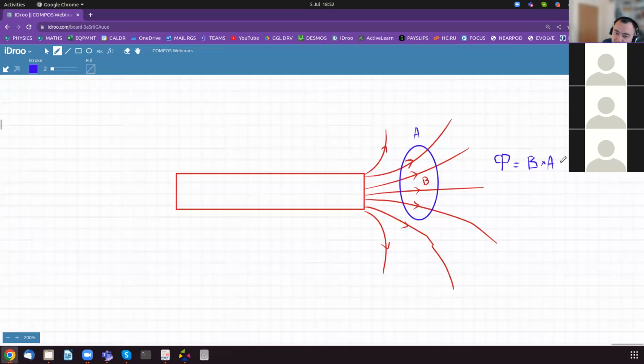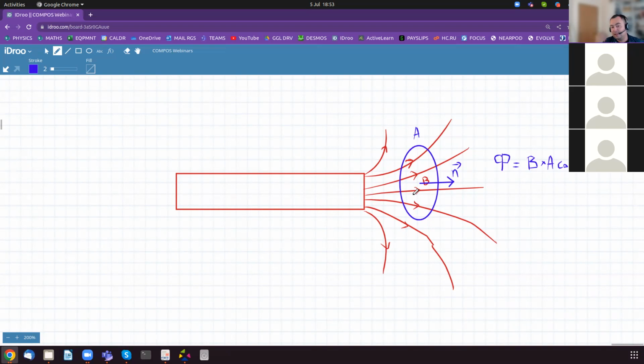And there's of course cos alpha, because if the loop is sideways to the magnetic field, nothing will pass through the loop. So that's why we have cos alpha, where alpha is the angle between the magnetic field and the normal to that loop, the normal vector to the loop of wire.